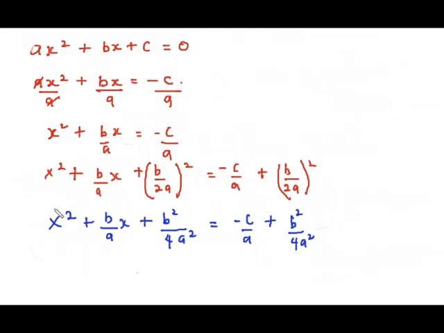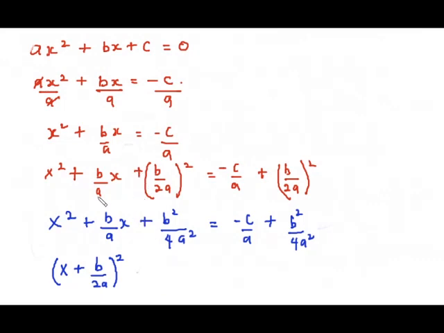Next up, we need to factorize this value here. Now to factorize this, the resulting value would be x plus, dividing this one by 2, b over 2a, squared. So this is the value we get.